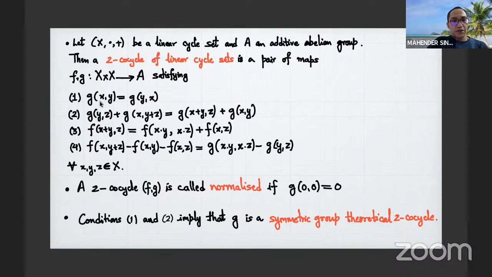So G of (x, y) is G of (y, x)... there's this cocycle condition, and the third condition on F alone, and the fourth one, which is a mix and involves both F and G. One can see that conditions 1 and 2 actually imply that G is a group-theoretical two-cocycle. In fact, it's a symmetric two-cocycle because G of (x, y) is G of (y, x). And here a two-cocycle is normalized if G of (0, 0) is 0, because once you impose G of (0, 0) is 0, it will make similar assertions about F also.